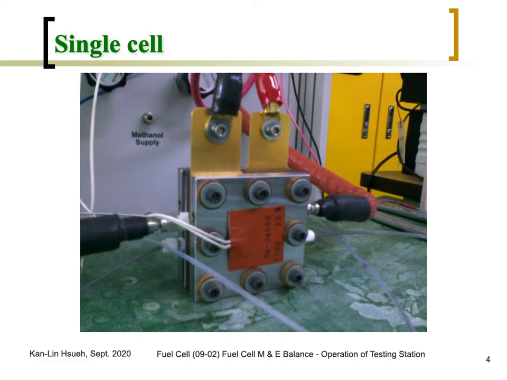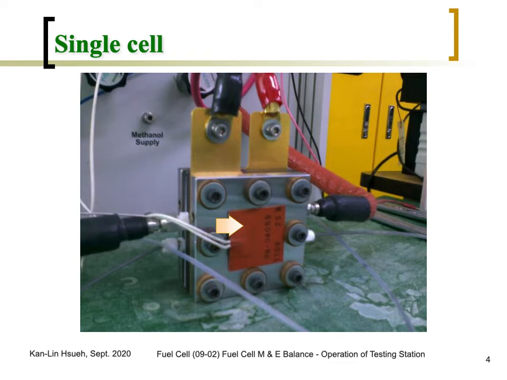And for the single cell, there's a heating pad stuck on the fuel cell to heat it up to control the single cell temperature, because inside there is only one piece of electrode, and the heat is quickly dissipated by the graphite or the stainless steel end plate.